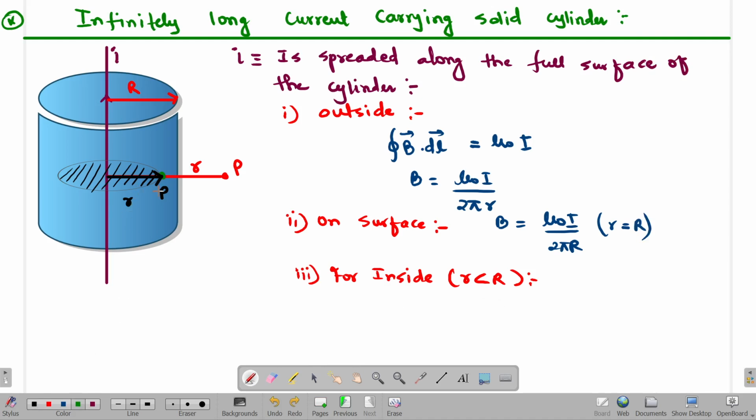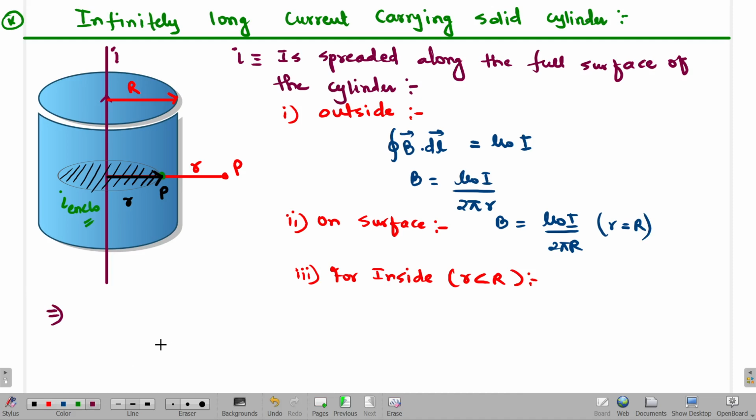So to find the current inside, current enclosed, we follow the principle of current density. Remember that current only spreads through area, not through volume. Are you able to get me or not? So J is equal to, for total current I, the total area is how much?